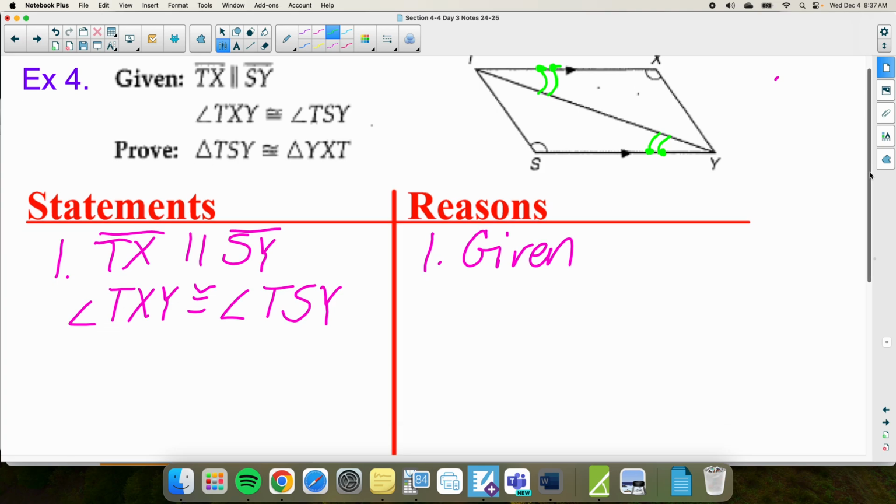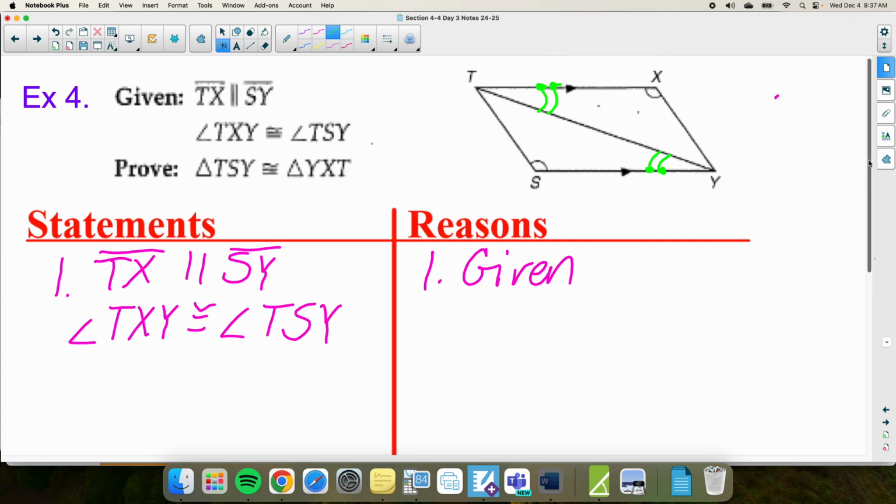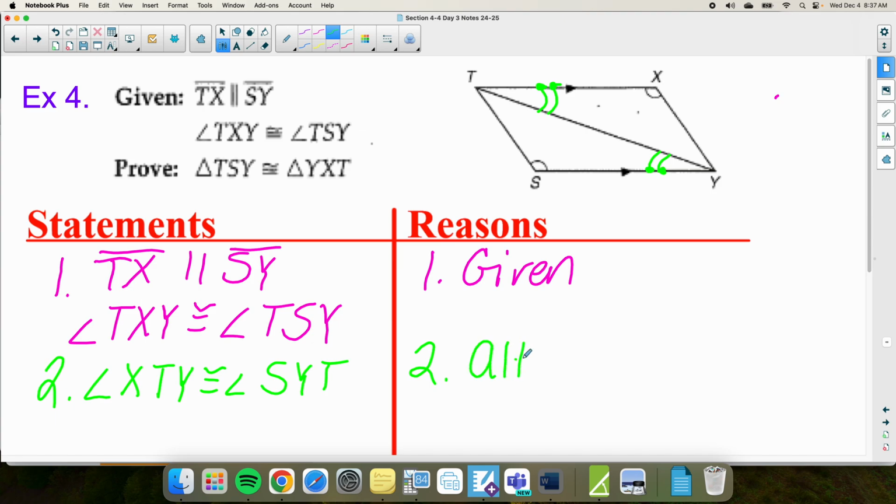Okay, so when I name those, I need to use three letters. So I can say angle XTY is congruent to angle SYT. Okay, and that is due to alternate interior angles theorem.